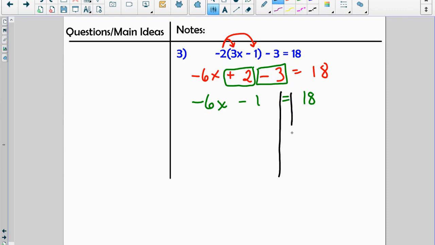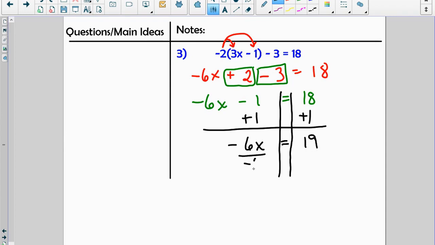Now that we've simplified the left-hand side, we're ready to finish solving. I want to undo the subtraction first. So I add 1 to both sides. That's going to give me negative 6x equals 19. Finally, I can divide to undo the multiplication.